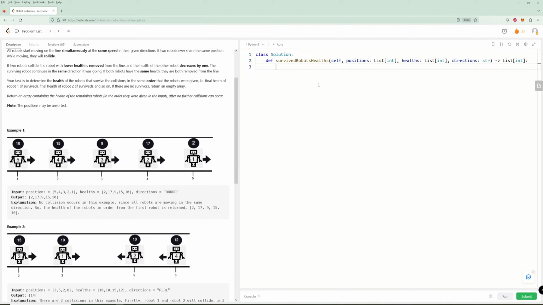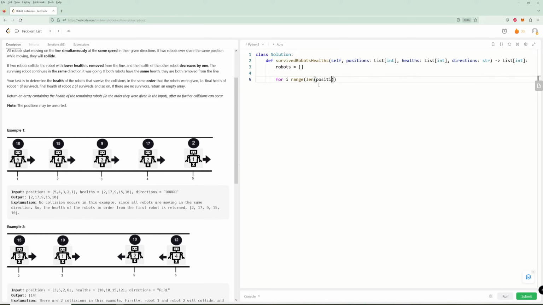Okay, so we're going to have a robots array. I'm going to do the lazy way of making this array. You could do an enumerate or some kind of list traversal thing, but it's not a big deal.